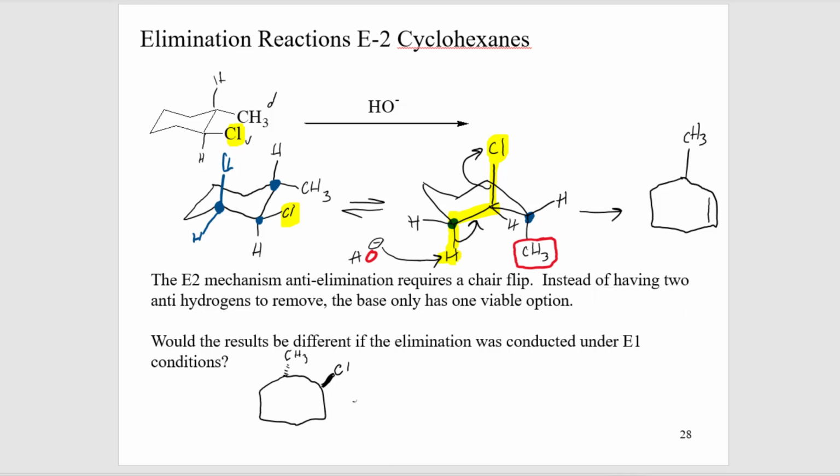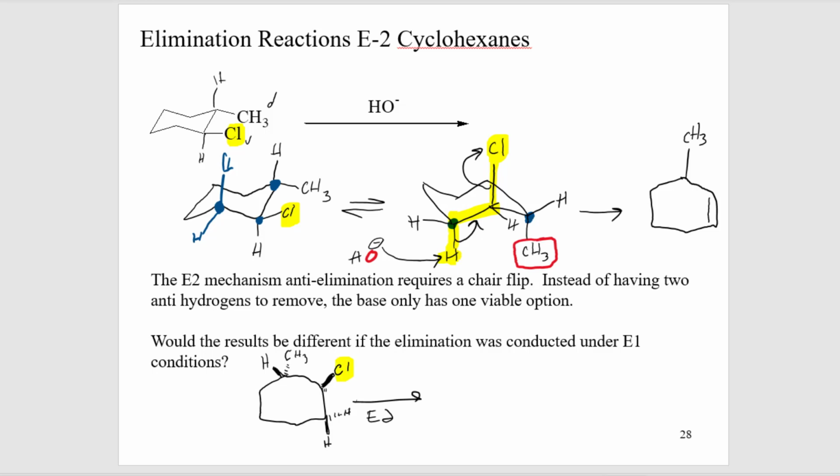Now, if I was doing this E2 with a base here, you might even see it. I'm showing you using cyclohexanes why you can't get anti-coplanarity, because you can see it very easily with the axial up, axial down. In a 2D way, this is the same problem. In a 2D way, maybe you prefer not to draw the chairs. Put in the hydrogens in the next door positions. You've got chlorine up.